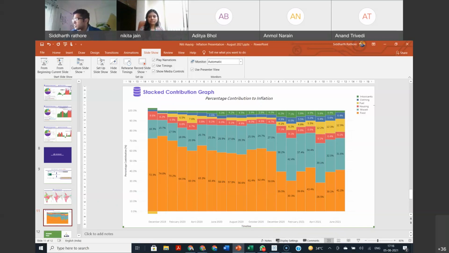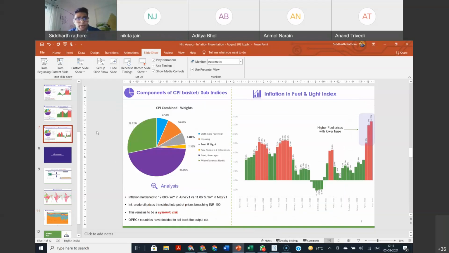These factors are still subdued, but as we had explained, as the economy picks up and the vaccination pace picks up, people will start moving out. People will start demanding these services, and because there is a sufficient amount of liquidity in the system, this could perhaps lead to a shift from health and transport expenditure to personal services expenditure.